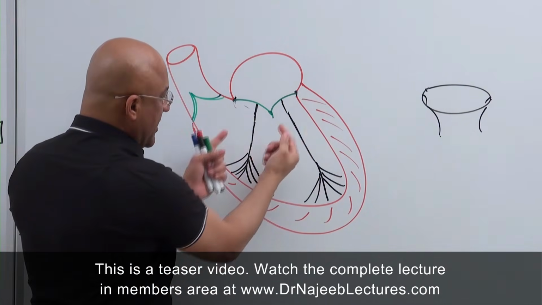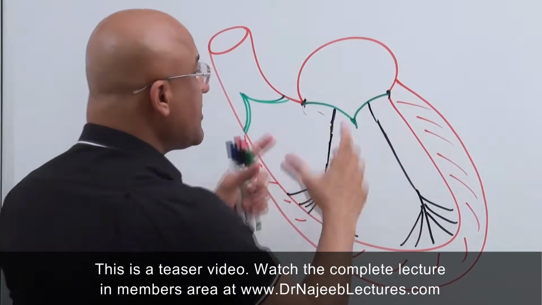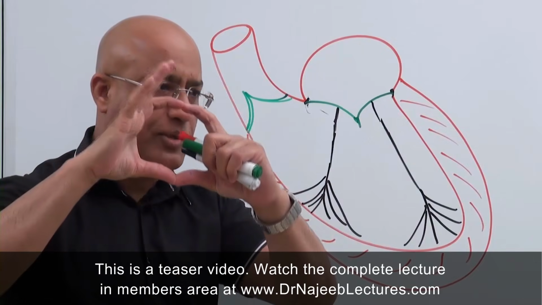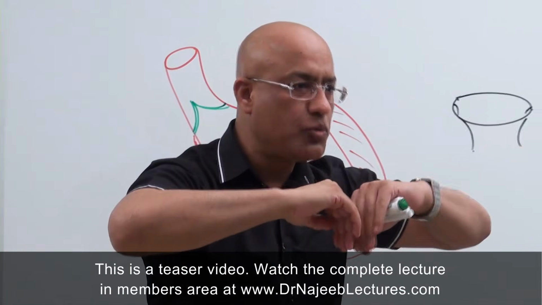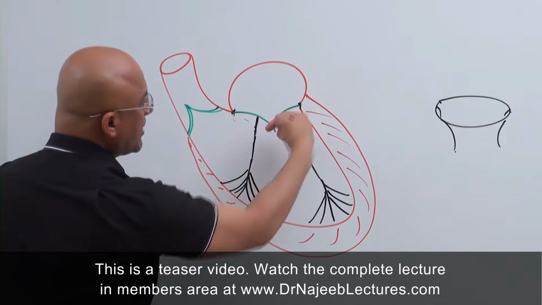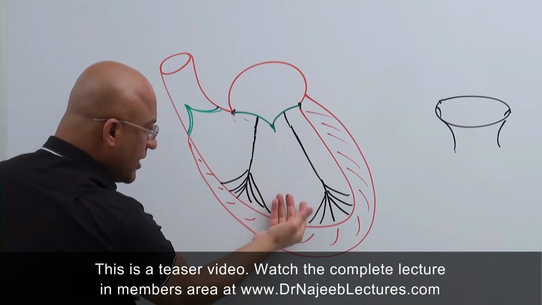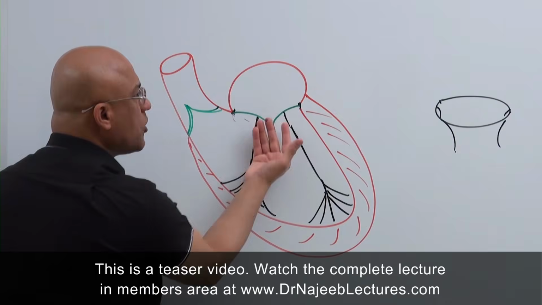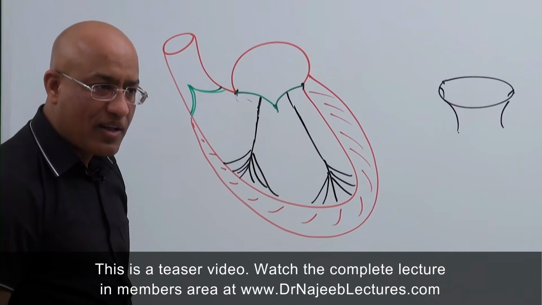When it contracts, pressure goes up, it closes the leaflets. The leaflets of the mitral valve are about 5 centimeters square. These leaflets are relatively weak, so there is a tendency that these leaflets will bulge back to the atrium. When pressure goes up, this pressure will push the leaflets to the atrium. Is that right?